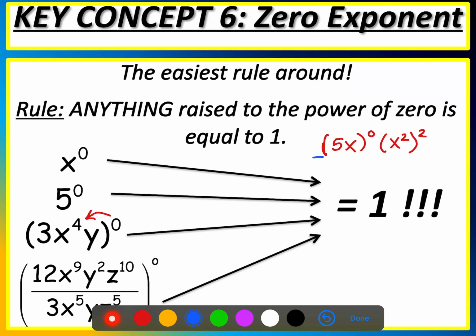Only this part of the expression is equal to 1, because that's the only thing the 0 is touching. See how it has nothing to do with the power to a power of x squared to the 2nd power? So just be mindful of how the problem is written.